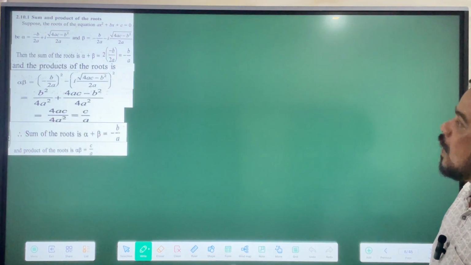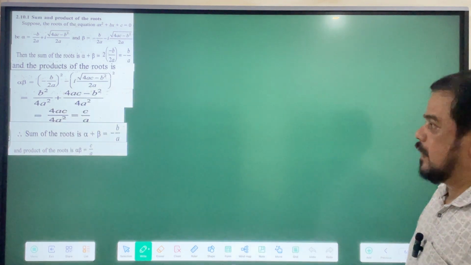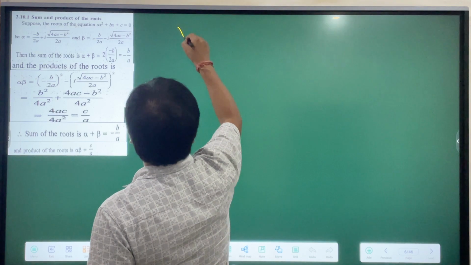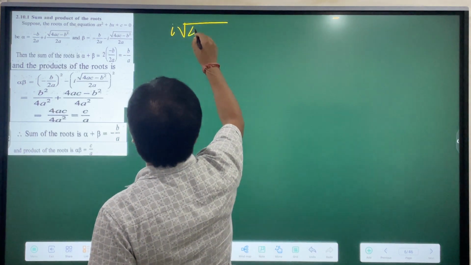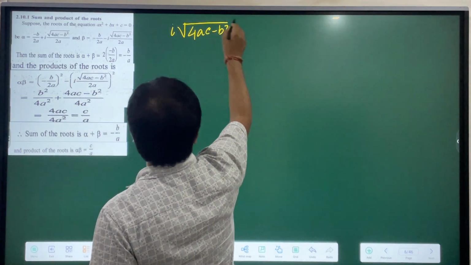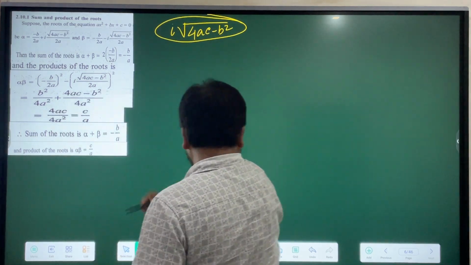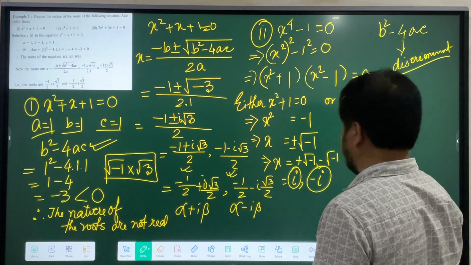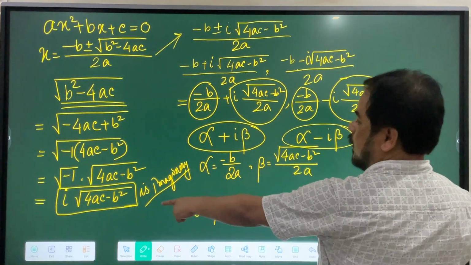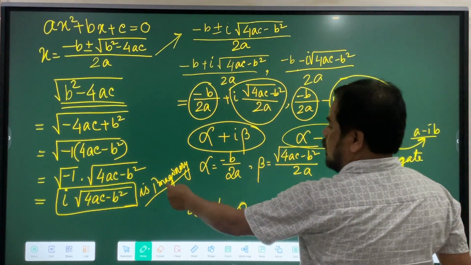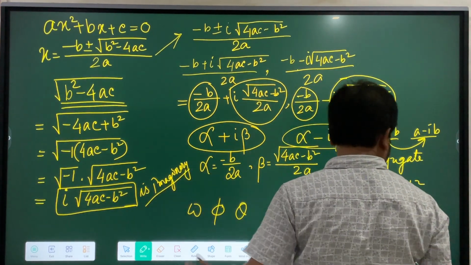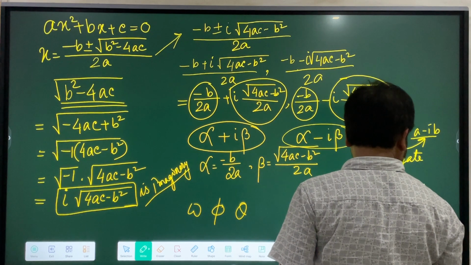Now sum and product of the roots for complex numbers. For complex numbers, you understand that i square root of 4ac minus b square is imaginary. We already did that. Remember this, when imaginary.